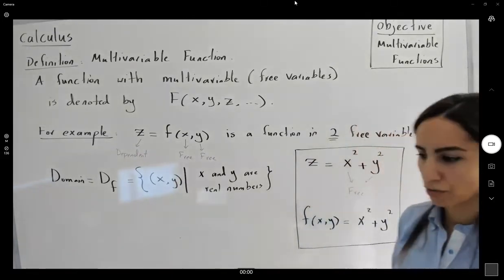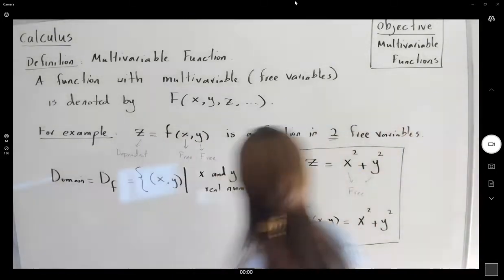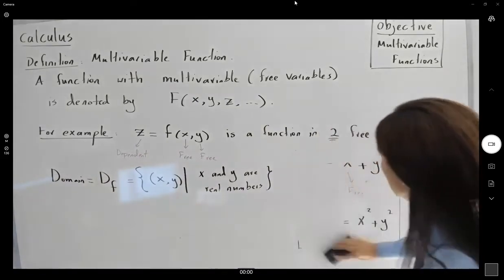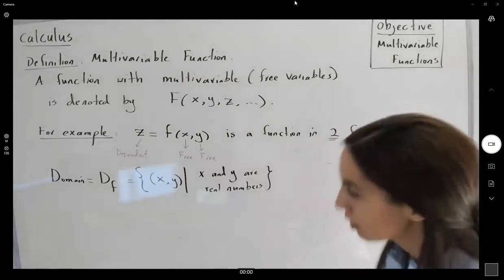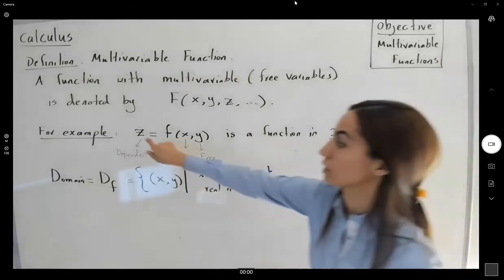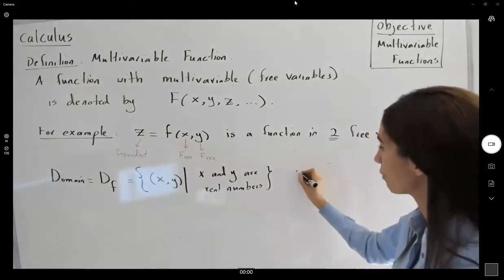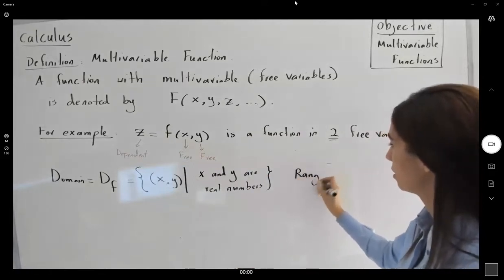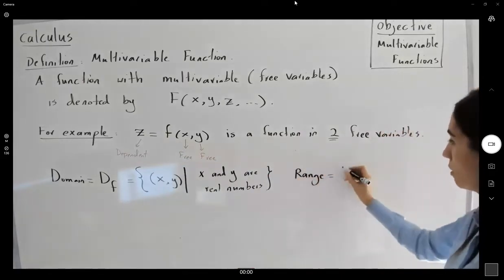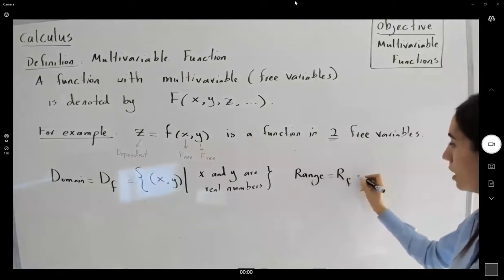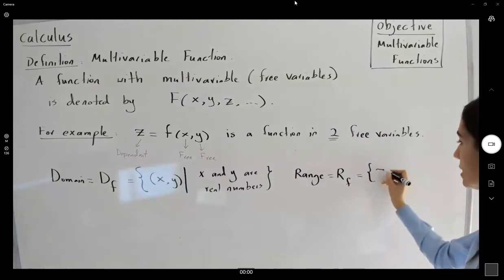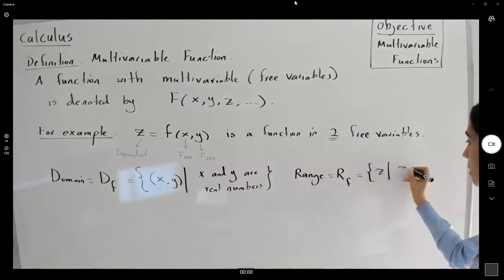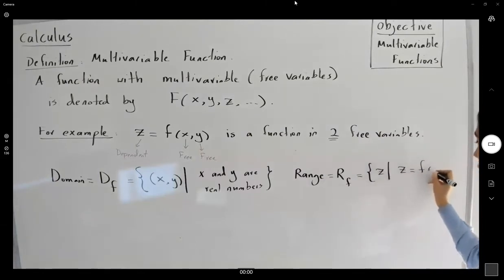What about the range? The range of a two variable function is going to be z values. So the range, or R sub f, is equal to the collection of all real numbers, z values, such that z is equal to f of x and y.